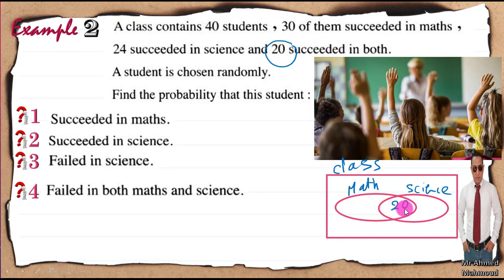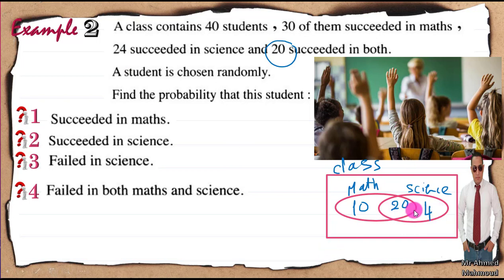We have 20 in both, so the remainder is 30 minus 20, which is 10. If you need to check, 10 plus 20 equals 30. This is the number for math. Now the number who succeeded in science is 24, so 24 minus 20 equals 4.